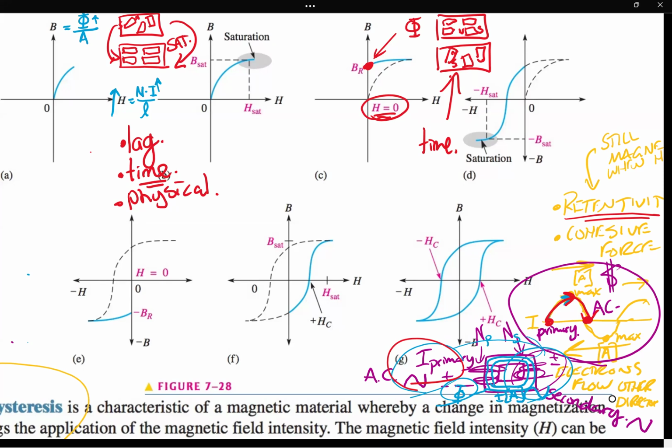And in order to get back to this fully demagnetized state, you actually have to give it a coercive force. And that coercive force has to be in the opposite direction. And that coercive force that I'm going to give it in the opposite direction is actually going to be this part of the curve. And it means that you're going negative.